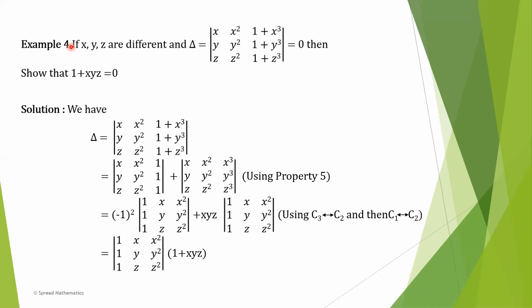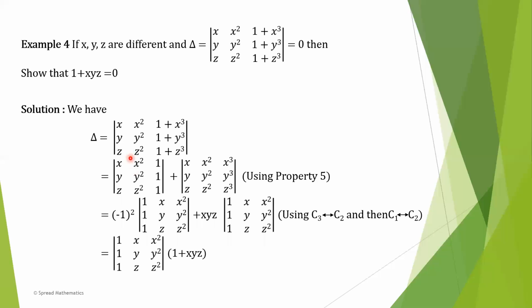Next example is if x, y, z are different and delta equal to this determinant equal to 0, then show that 1 plus x, y, z equal to 0. We have this determinant. We will break this determinant into two determinants according to property number 5.